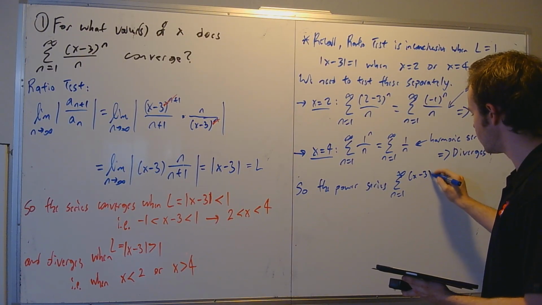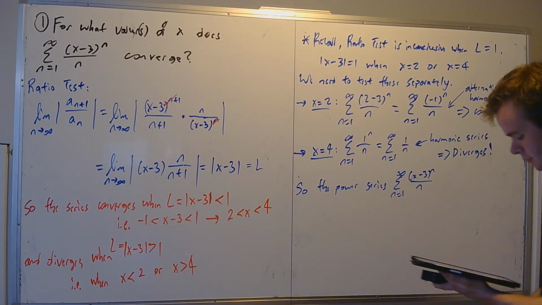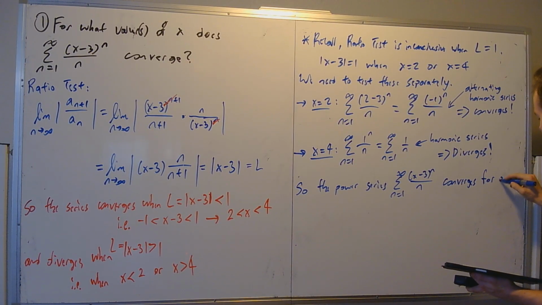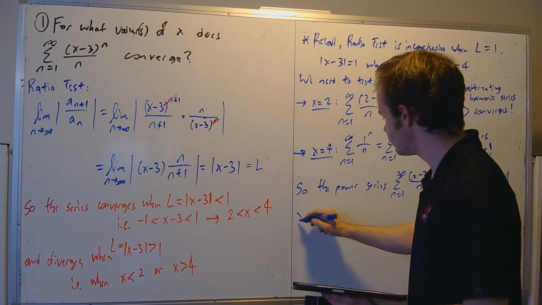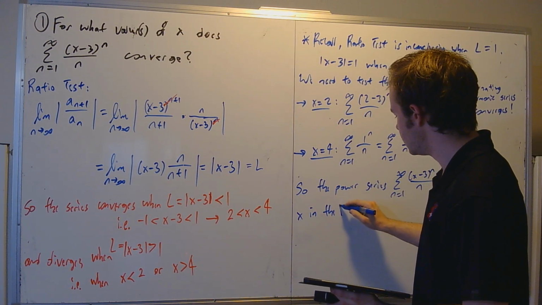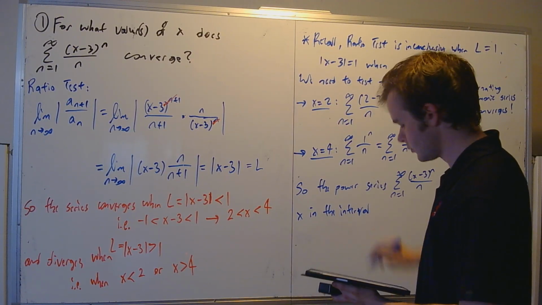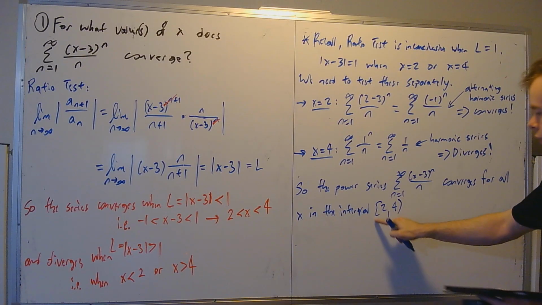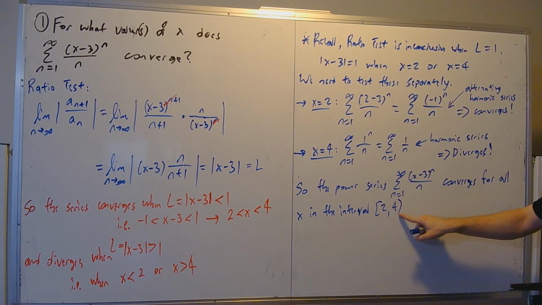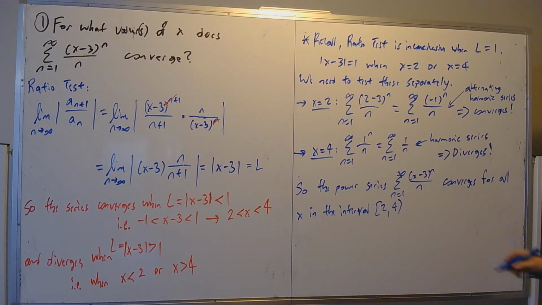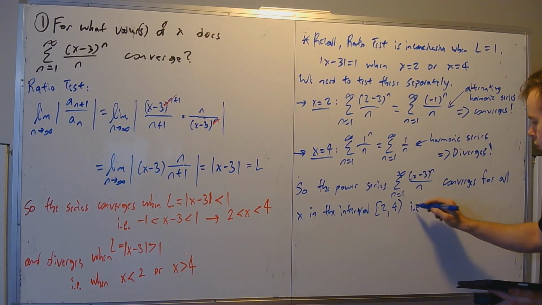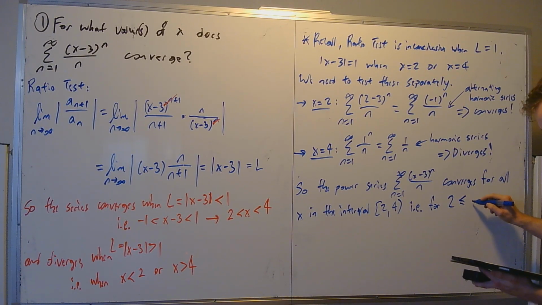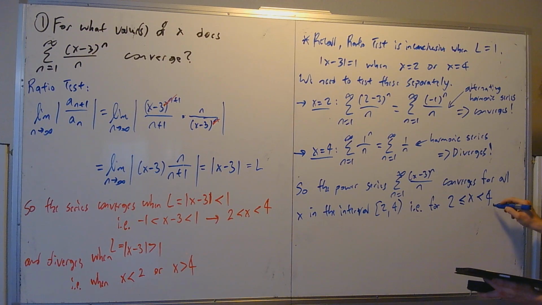So we've got x minus 3 to the power of n over n converges for all x in the interval from 2 to 4, not including 4, but including 2, so we put a bracket around 2 and a parenthesis around 4, i.e., for 2 is less than or equal to x is less than 4.